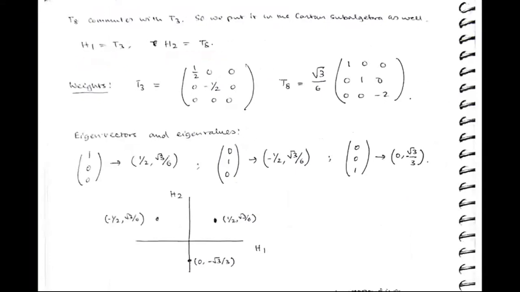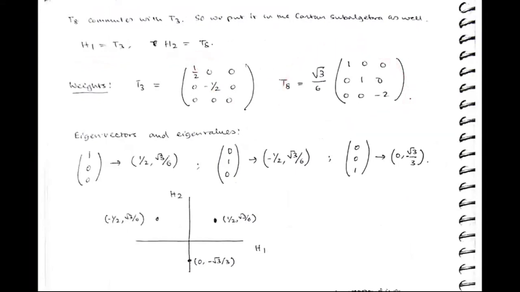So now life becomes simple. The weights in this particular representation are very easy to find because T3 and T8 are already in diagonal form. So T3 is diag(1/2, -1/2, 0), and T8 is this matrix.